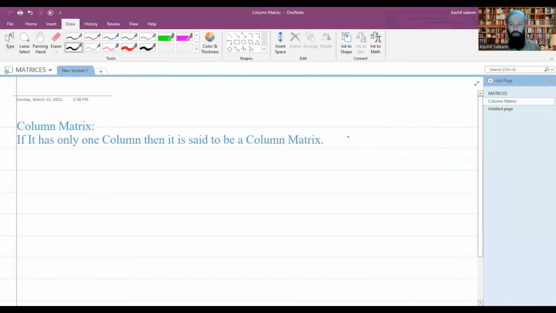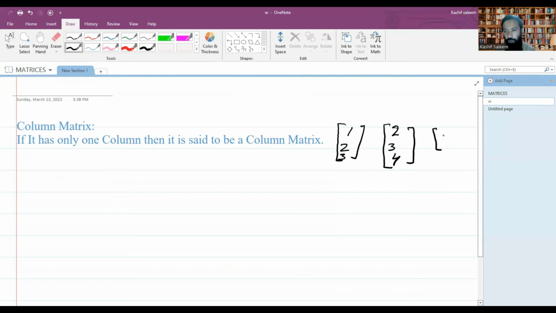So what are the examples? If we have only one column in a matrix, then it is said to be a column matrix. So 2, 3, and 4: this is a column matrix. This is also a column matrix, 0 and 1. These column matrices basically represent a vector, which is very important when we use transformation in some real life problems.